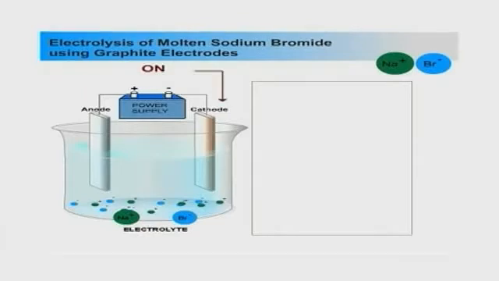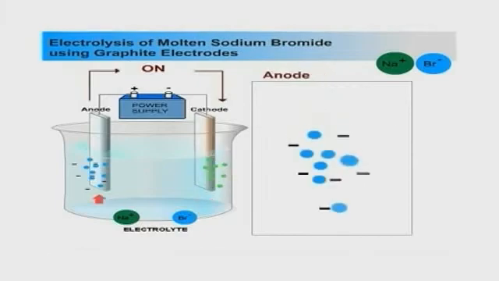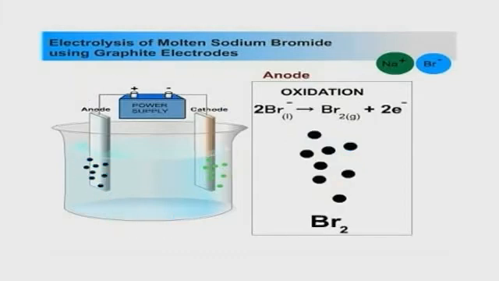At the cathode, sodium gains an electron and is reduced. At the anode, each bromide ion loses an electron and is oxidized. At the cathode, the sodium ion gains electrons, while at the anode, electrons are given up by the bromide ion.